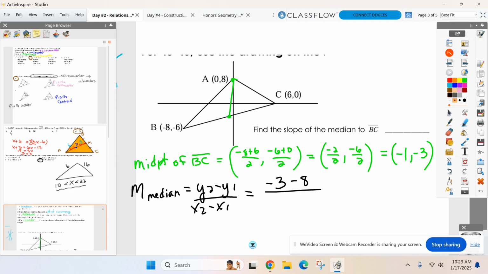You have to take its x coordinate first on slope. Distance, it doesn't matter, but slope, it does. So now I start the difference in the x's with -1, and then subtract 0. So I end up with -11 over -1, which is just 11. Yep, slope of 11.